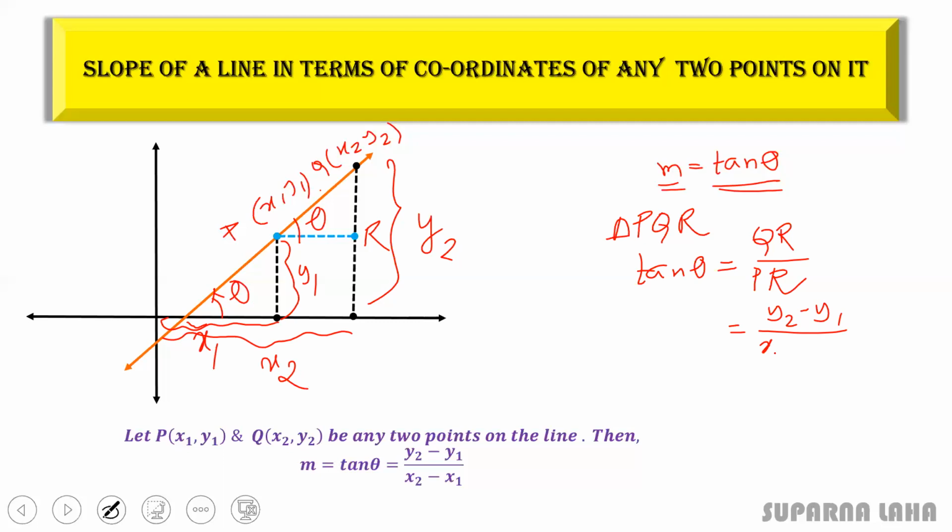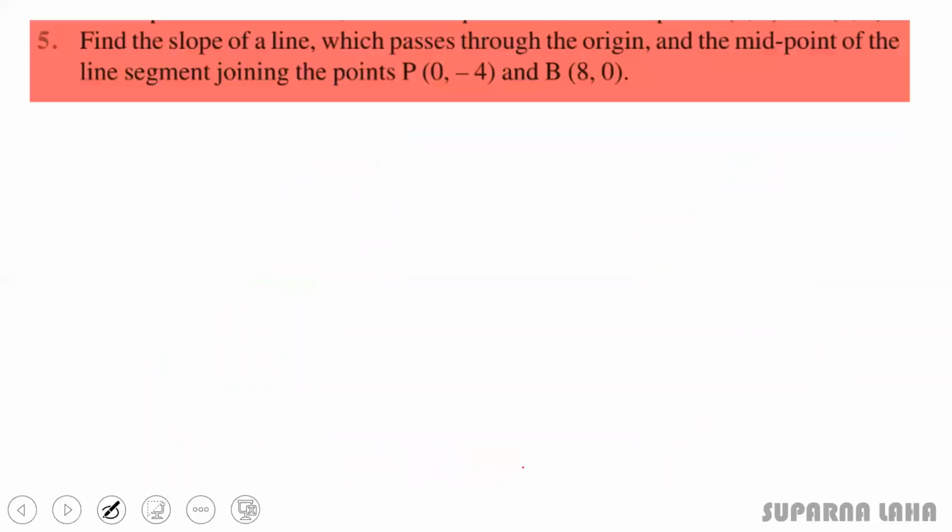So this is x2 minus x1. Here it is written. So if two points on a line are given and you need to find the slope of this line, this is the formula: y2 minus y1 by x2 minus x1, where (x1, y1) and (x2, y2) are the points on the line. Okay, so let us take some problems from it.